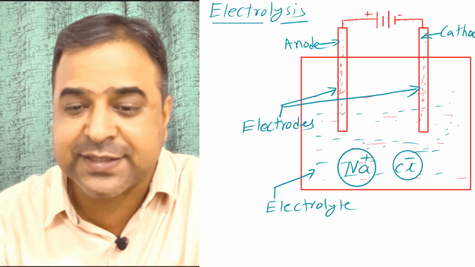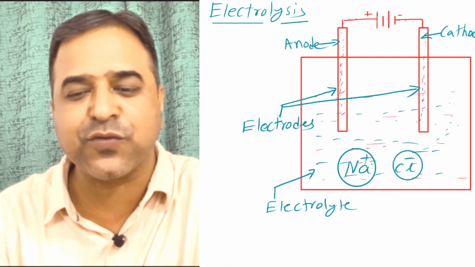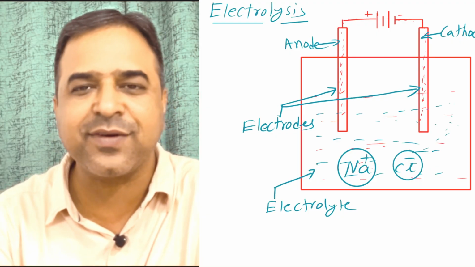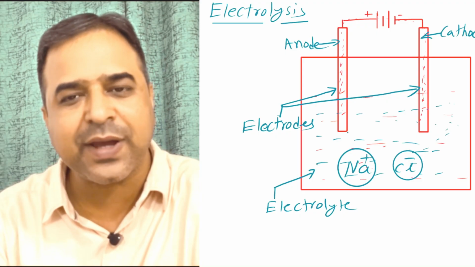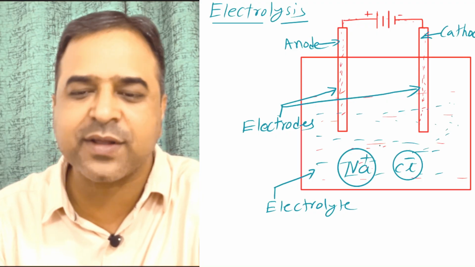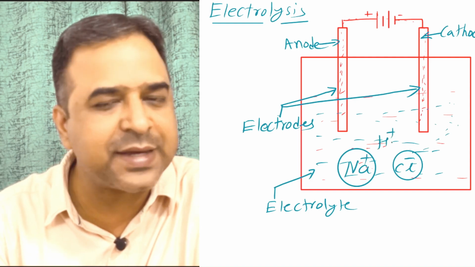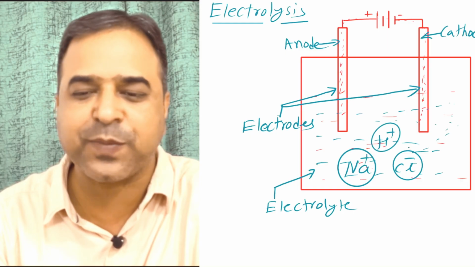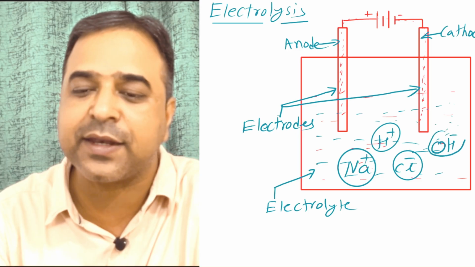Now understand here, I said this is a solution of sodium chloride. But since it is a solution, it will have the presence of water as well. Due to the electric current, this water is also split into H plus ion and OH minus ion.